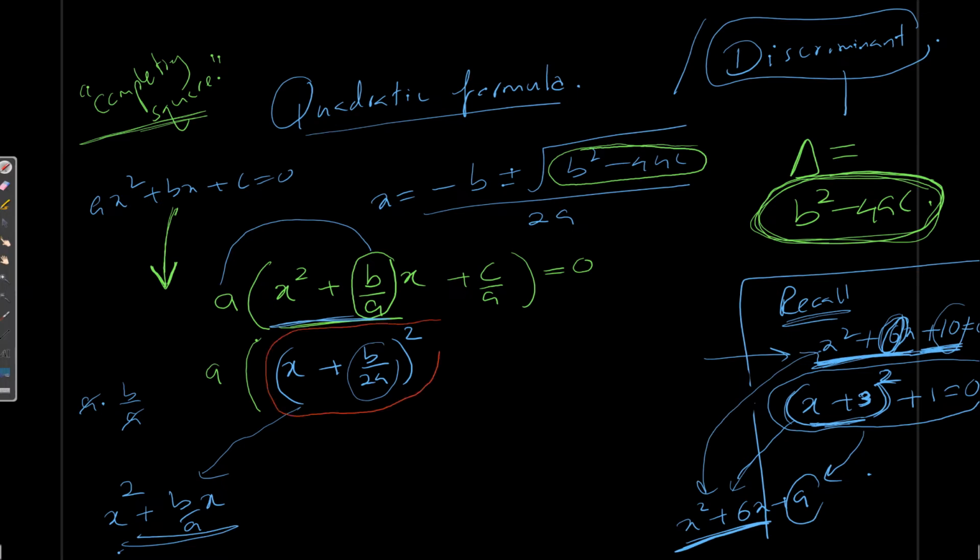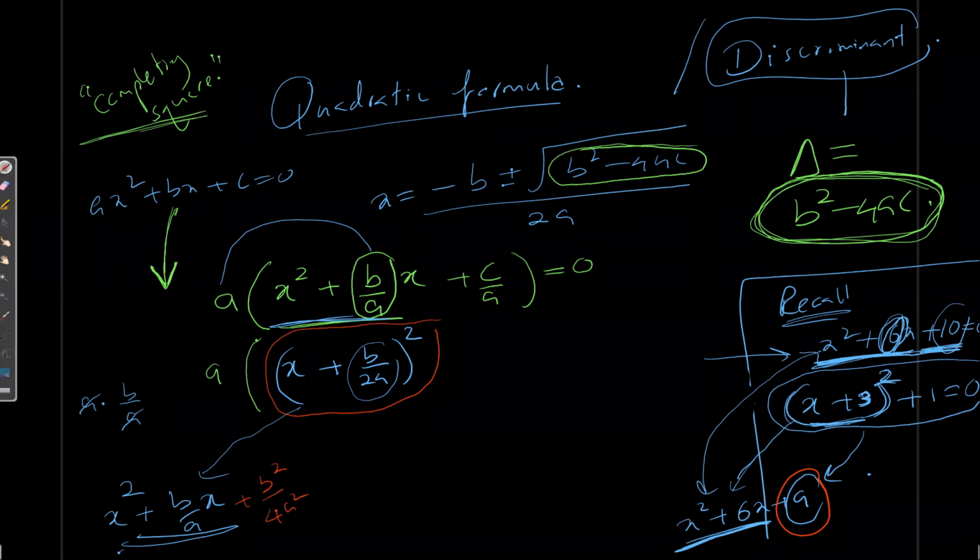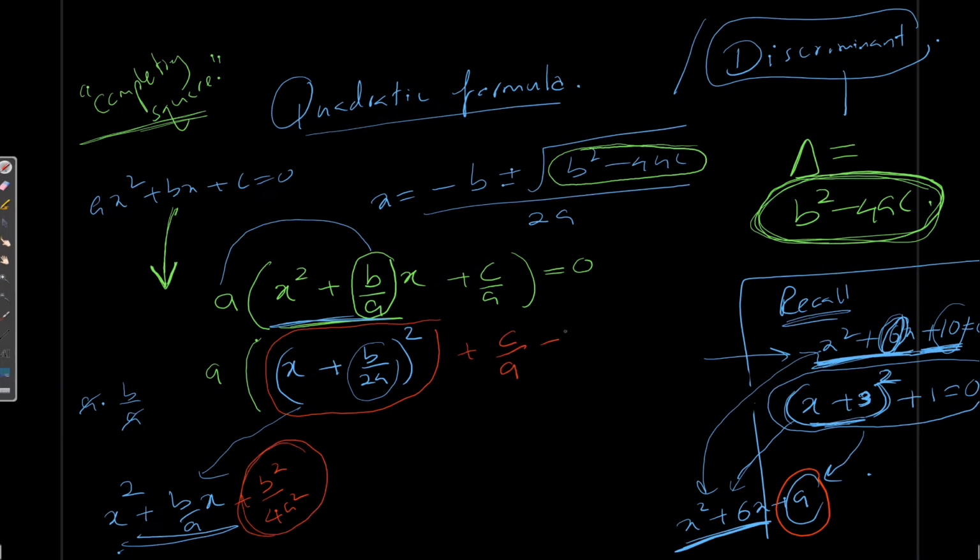The square part will give me a third term, like here 9, which is going to be b over 2a squared, which is b squared over 4a squared. And I only have here c over a. In order to balance that, I have to have minus b squared over 4a squared, equals 0. Now this proof part is a little bit tricky.